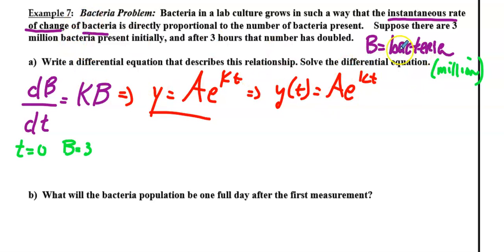So this is one of the things that you guys should write out in your problems: what does this variable represent? And if it's in millions, then I can just say that B is equal to 3. And it says after 3 hours, so when time is equal to 3, my bacteria has doubled. So now my bacteria is at 6 million.